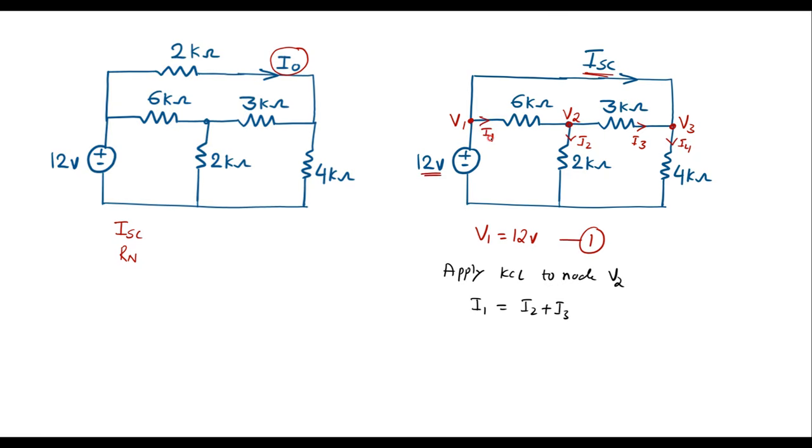I1 can be expressed in terms of voltage as V1 minus V2 divided by 6 kilo ohm. I2 is V2 by 2 kilo ohm, plus I3 is V2 minus V3 divided by 3K.